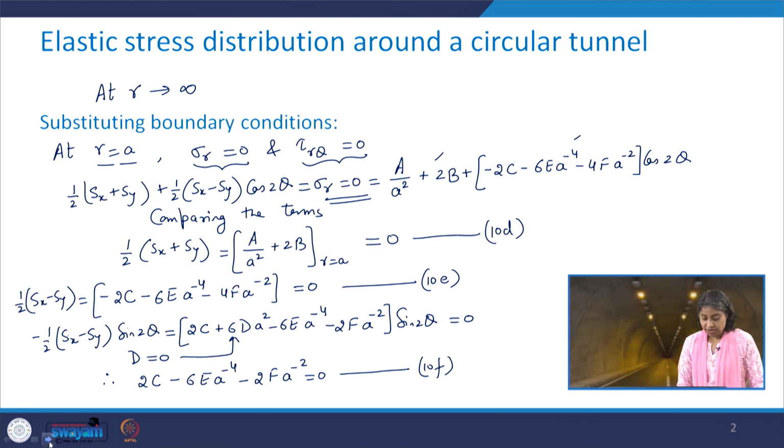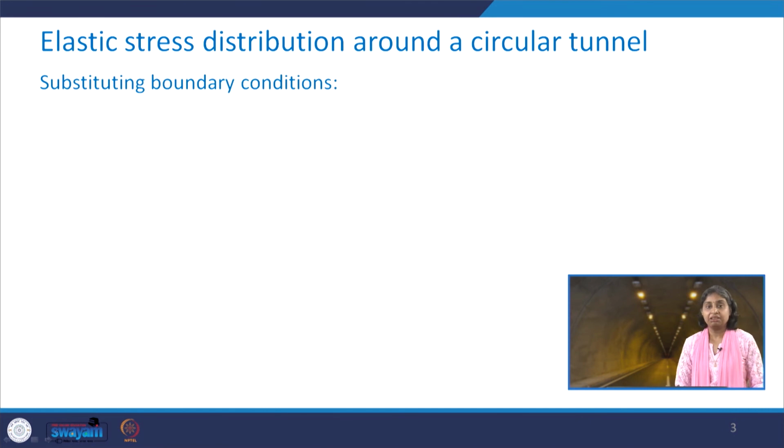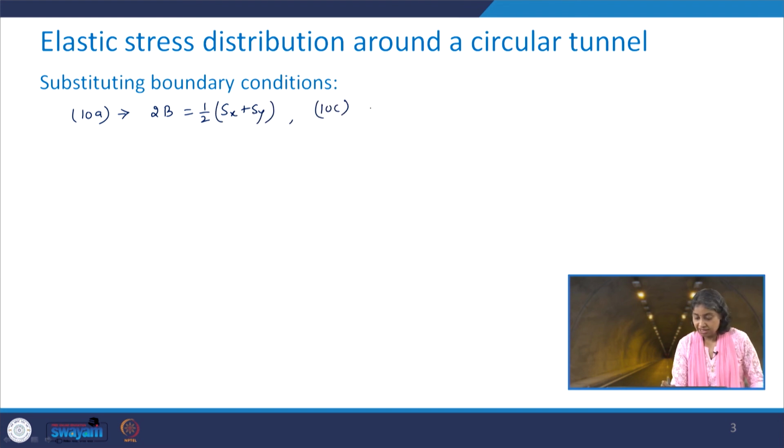Let us see how we can determine the different constants here. Equation 10a gave us 2B equal to half (Sx plus Sy). Then equation 10c gave us 2C equal to minus half (Sx minus Sy).